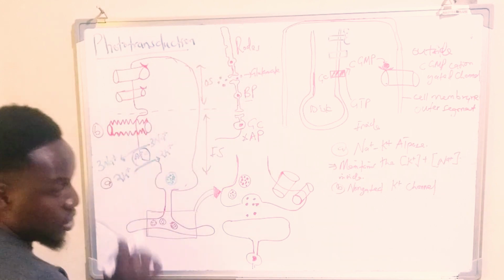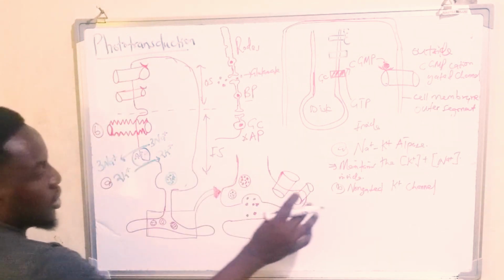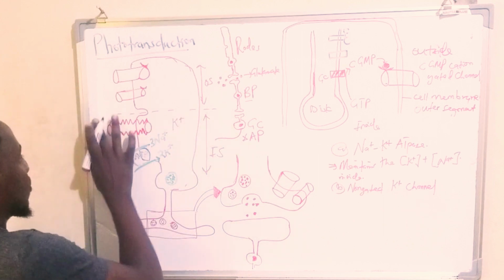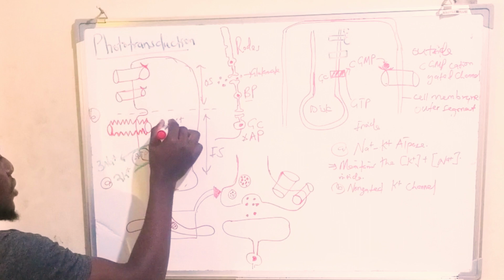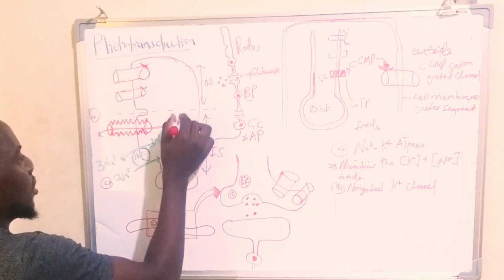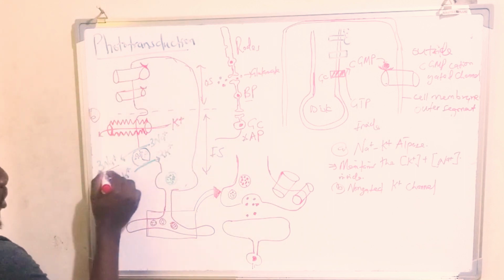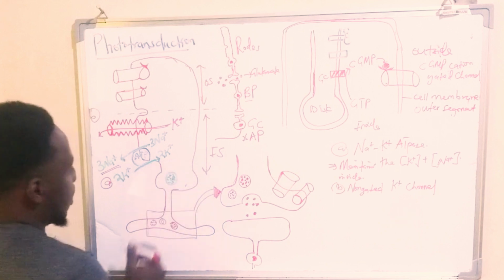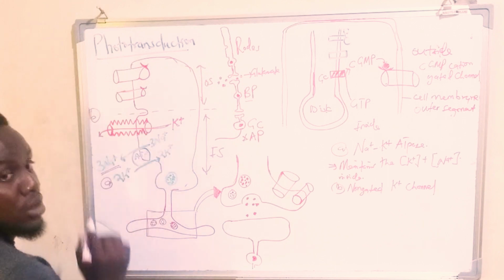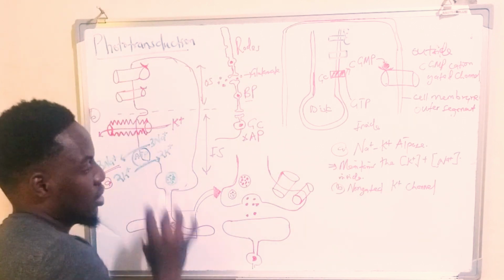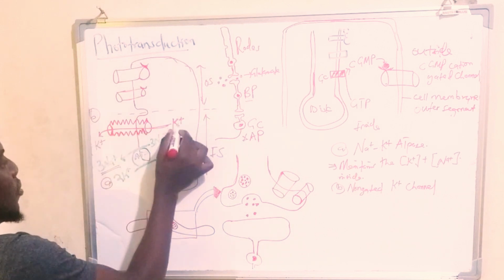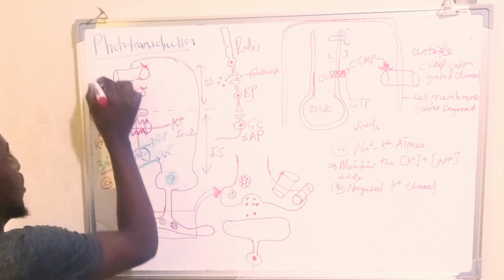This non-gated potassium channel takes out potassium ions from the inside of the cell to the outside. It leaks out potassium like that. Remember, we've already moved out sodium ions and taken in potassium ions using the sodium potassium ATPase pump. Now this non-gated potassium channel leaks out potassium from the inside to the outside here.